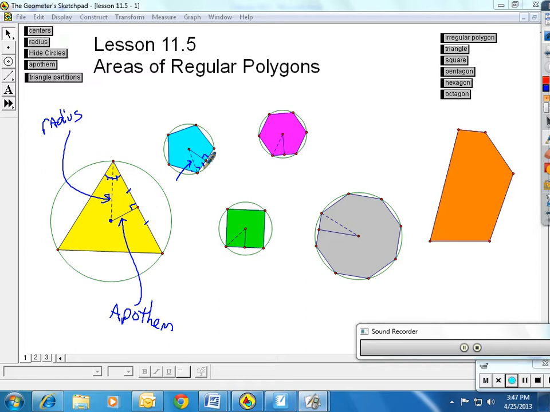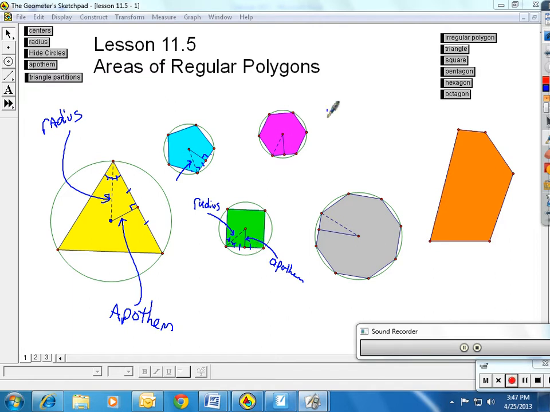Looking at the square, here is the, what is that called? The apothem. And this right here is the radius. What does the radius do? It bisects the angle. And what does the apothem bisect? It bisects the side.